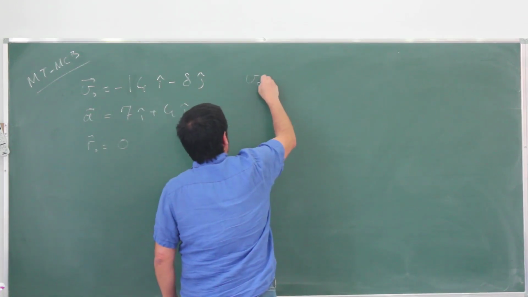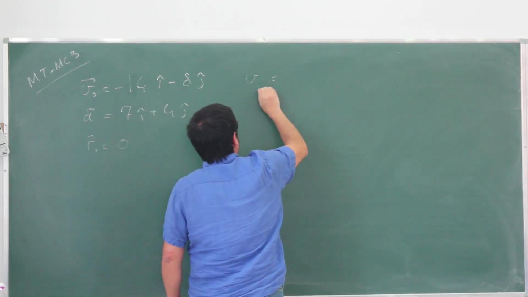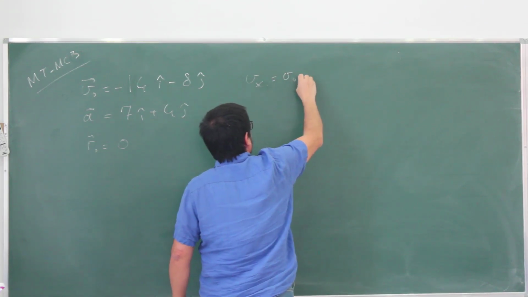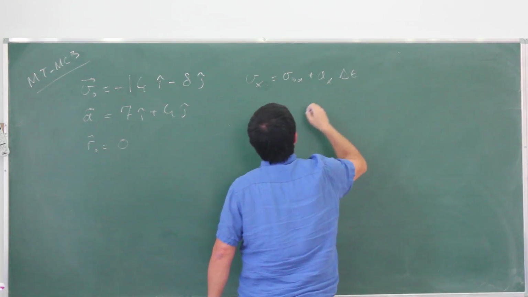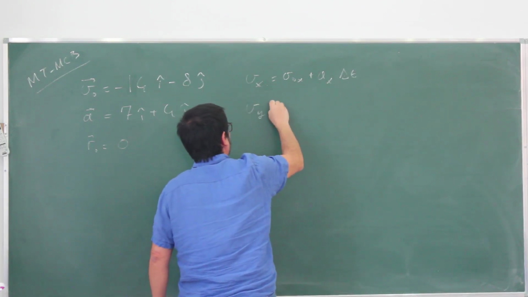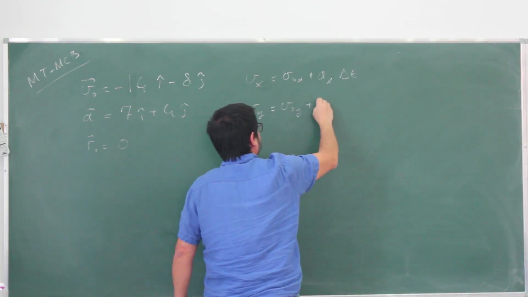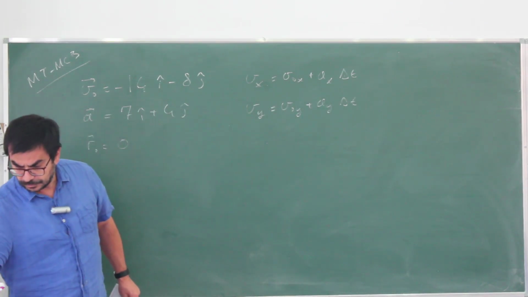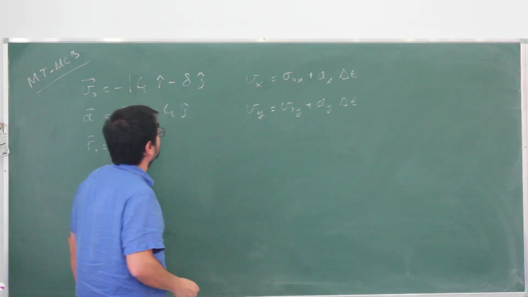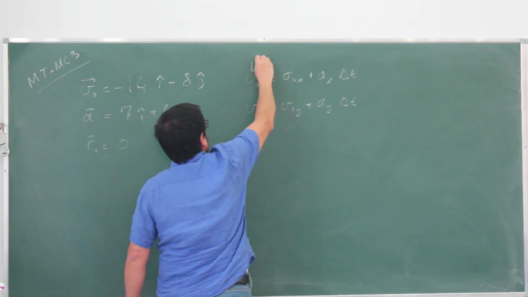So Vx is V0x plus ax delta t, and likewise Vy is V0y plus ay delta t. So this we require to be 0.